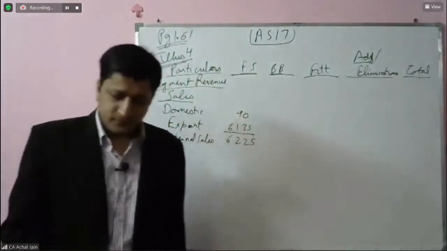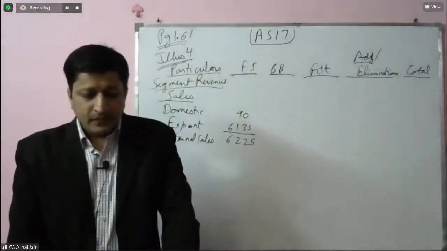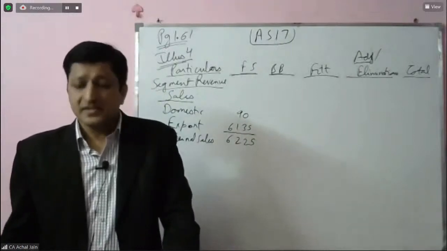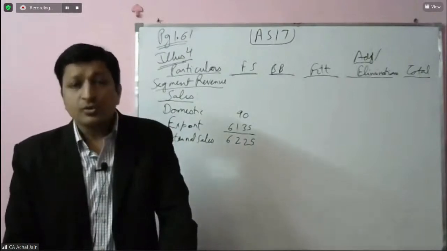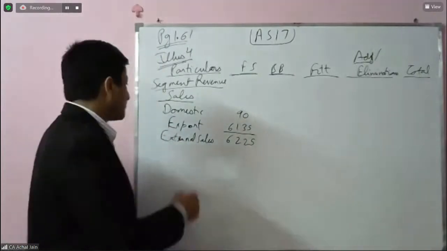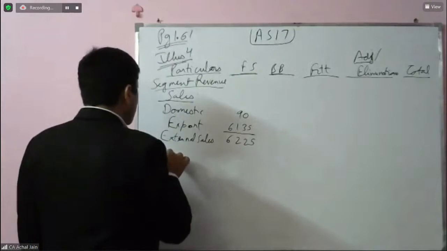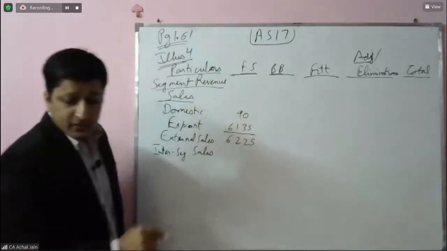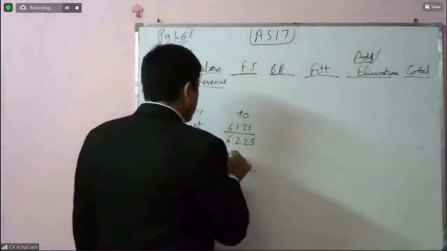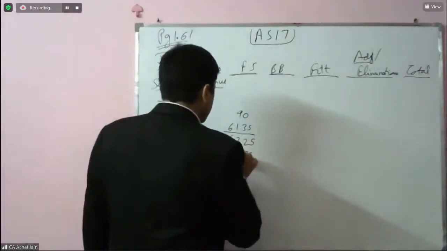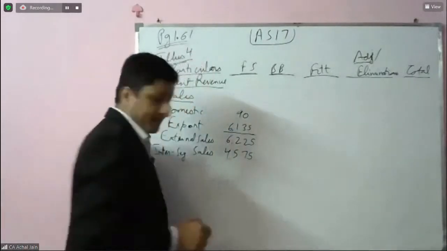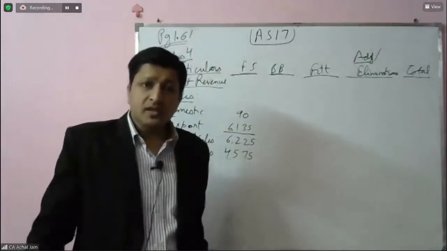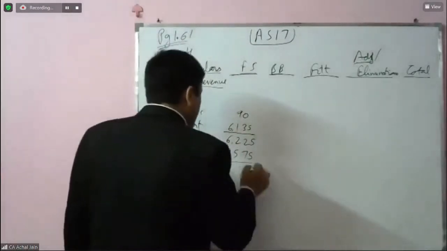Then we need to look at any sales which would have taken place internally. So this has also got some internal sales. Inter-segment sales, which is 4575. So the total revenue for this segment will become 10,800.